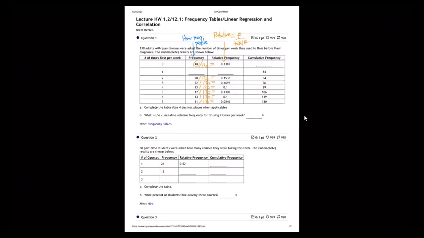So basically what this is telling us is the percentage of people that didn't floss at all. If we change that to a decimal, we move the decimal 2 places, it would be 13.85%. If I moved it twice. So that's 13.85%. That's what that decimal means.